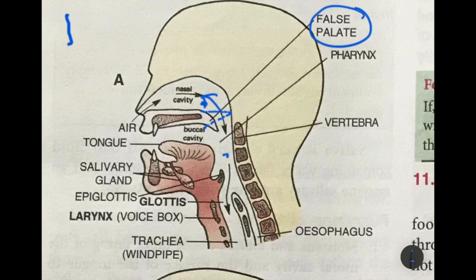And then at the entrance of the windpipe, you will see the larynx, also known as the voice box. It is pushed in the upward direction, and this flap, the epiglottis, will close the passage towards the trachea or the windpipe, which leads to the lungs.